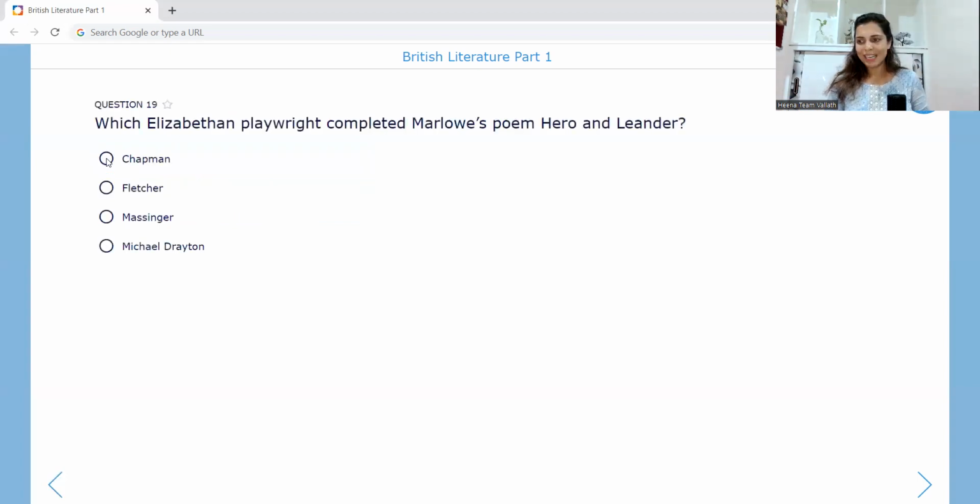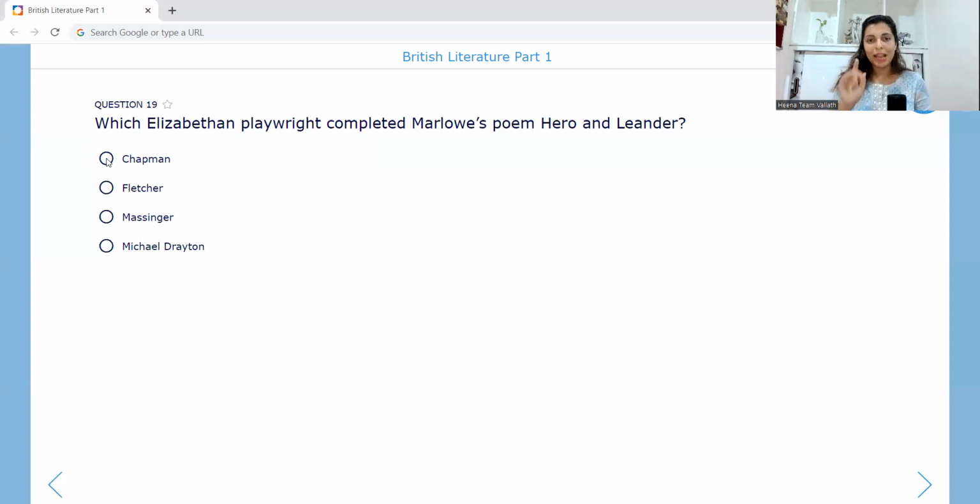Question number 19. Which Elizabethan playwright completed Marlowe's poem, Hero and Leander? A. Chapman, B. Fletcher, C. Messenger, or D. Michael Drayton? Marlowe's poem, Hero and Leander, basically retells the Greek myth of Hero and Leander. Okay, he could not complete it. He died in 1593.